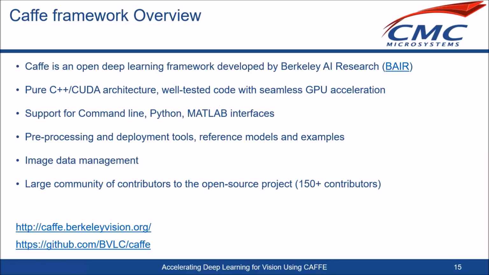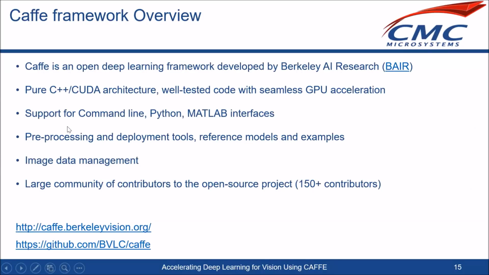It is developed using a pure C++ CUDA architecture, which makes it well-tested code with seamless GPU acceleration. Basically, GPU acceleration uses vendor-specific libraries called CUDA neural network library to accelerate a lot of tasks on the GPU.